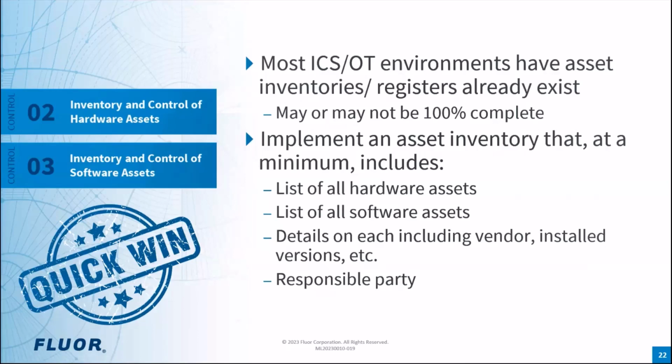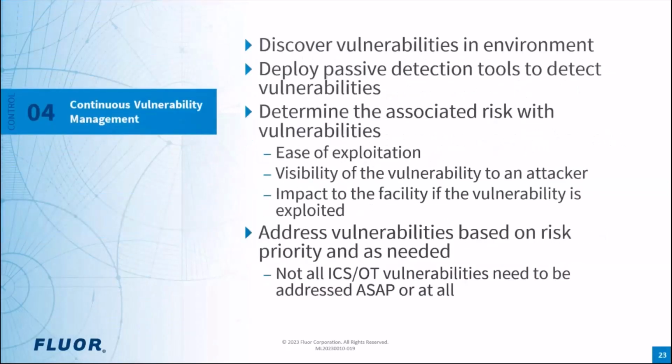So we talk about continuous vulnerability management, which can't be successful without controls numbers 2 and 3. Right? We need that complete inventory to really get into this conversation on the next slide about continuous vulnerability management. And so once we have that inventory, or what we want to consider a 100% inventory of all of the assets that we have on the network, then we want to build into the next step.